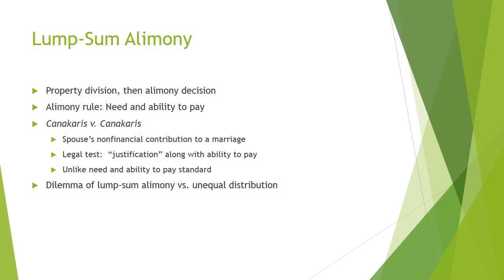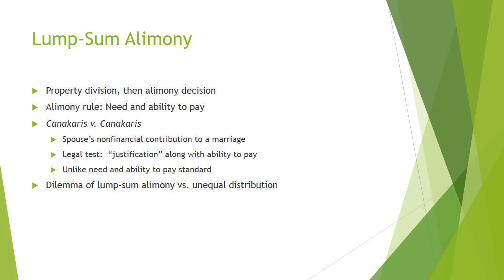And so in Canacaris, the court adapted that mechanism to effectuate an equitable property distribution. So under Canacaris and subsequent cases like it, lump sum alimony could now be ordered upon the showing of a justification, along with the ability to pay.